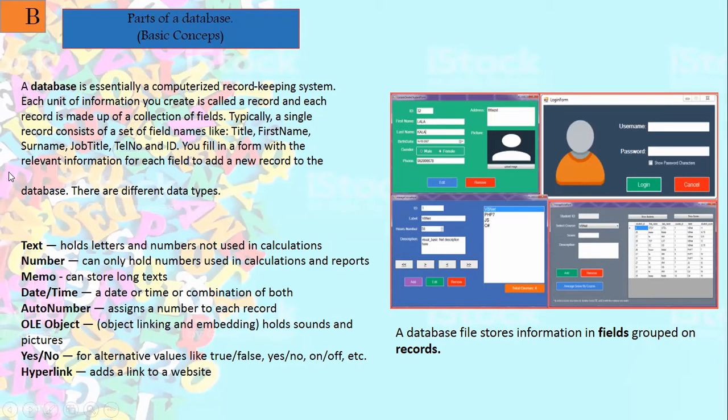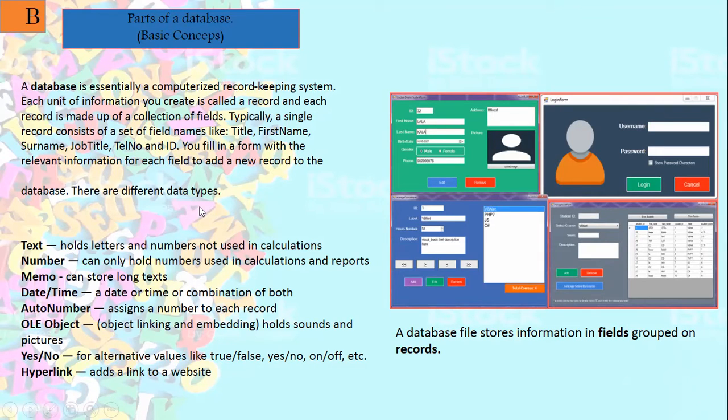Typically, a single record consists of a set of fields named like title, first name, surname, job title, tel and ID. You fill in a form with the relevant information for each field to add a new record to the database.